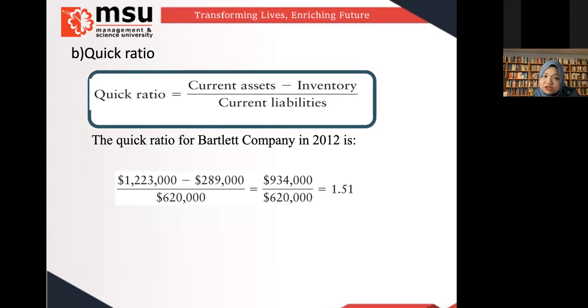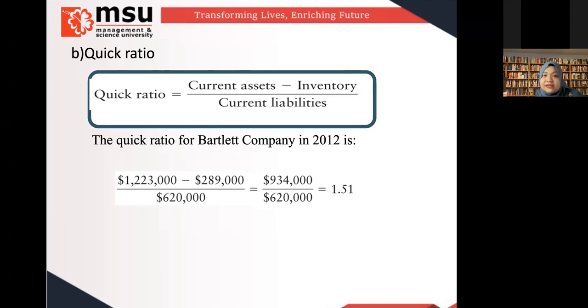How much is the quick ratio? Is it still more than 1? If the answer is still more than 1, it shows that the company has good liquidity, with enough cash to pay their short-term obligation. This answer is 1.51.